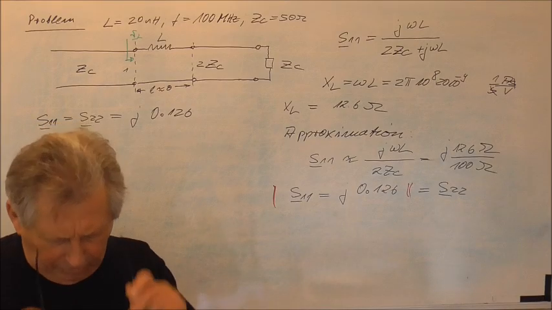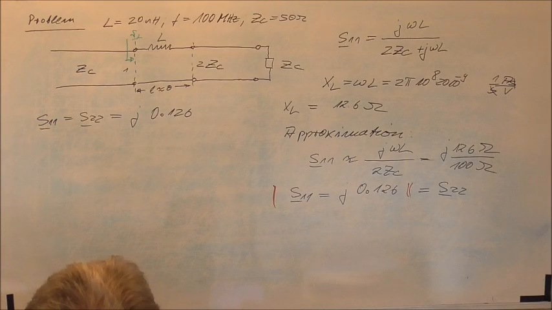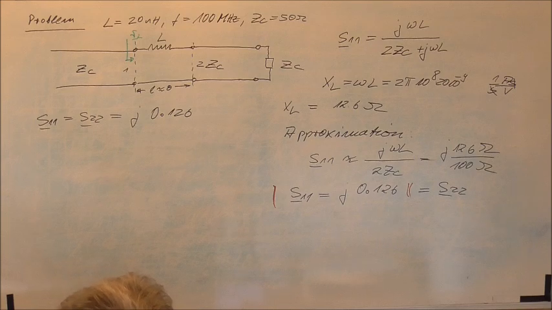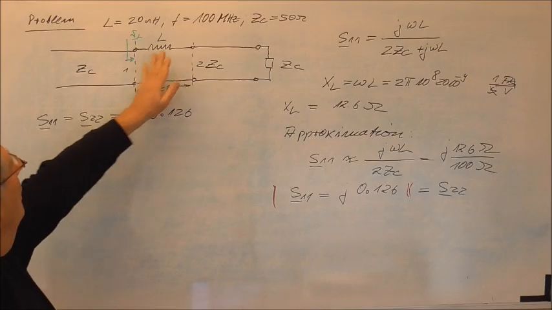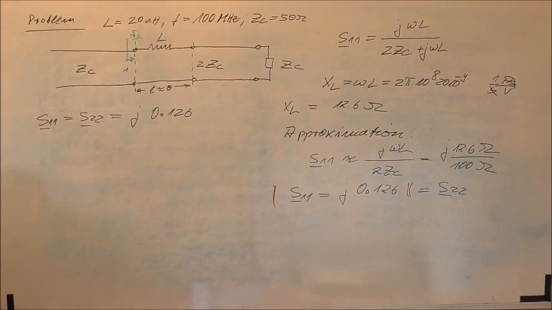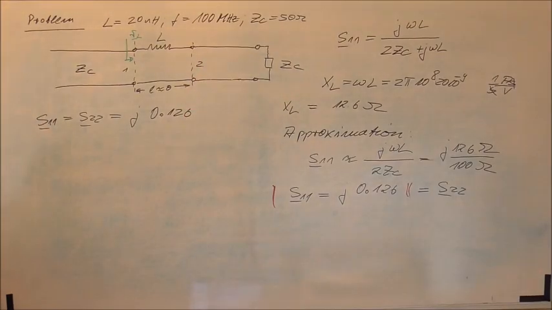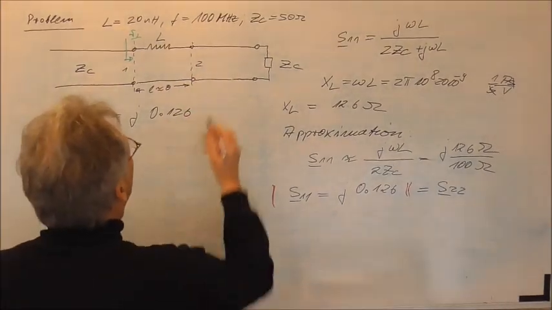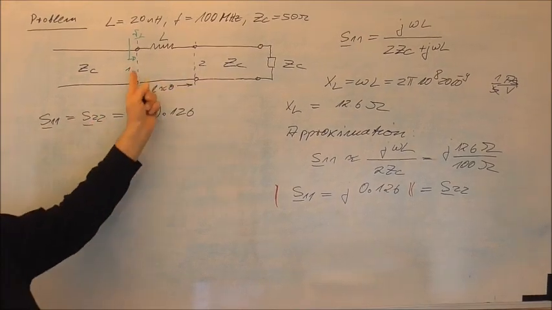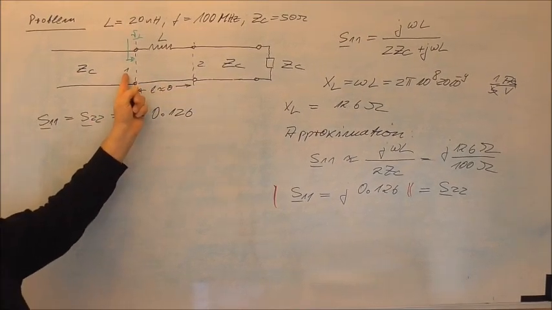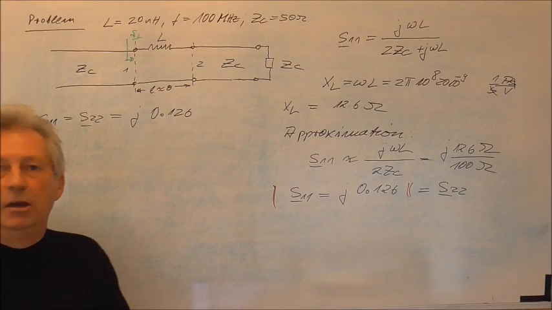Are there further questions? Sorry, why is S11 equal to S22? Because if you have a look at the circuit, here is a transmission line with ZC, and if you name this port 2 and this port 1, the circuit itself will not change.